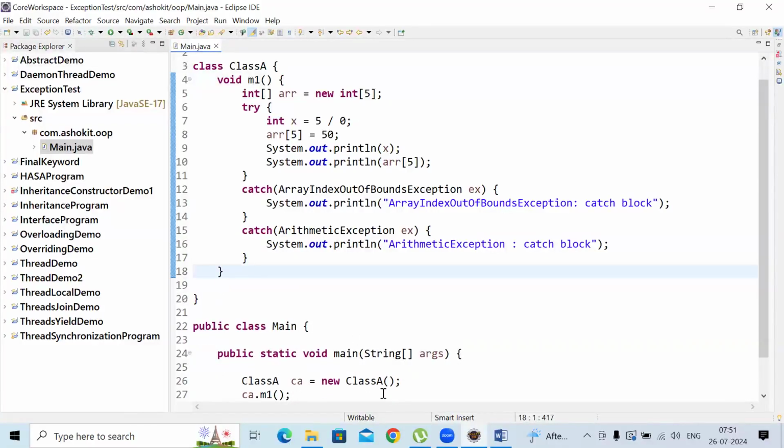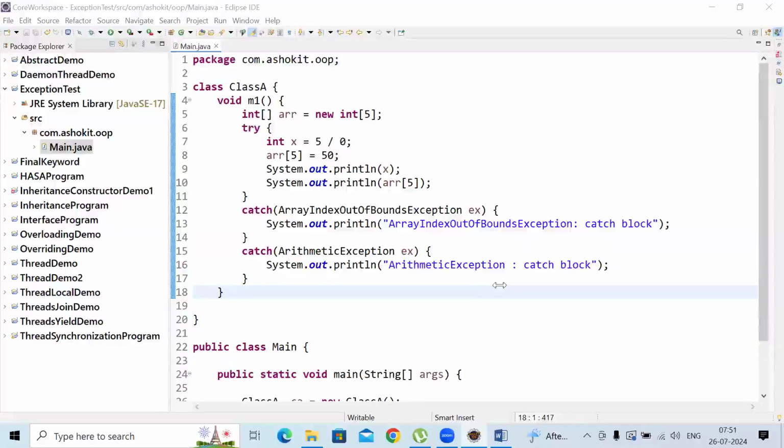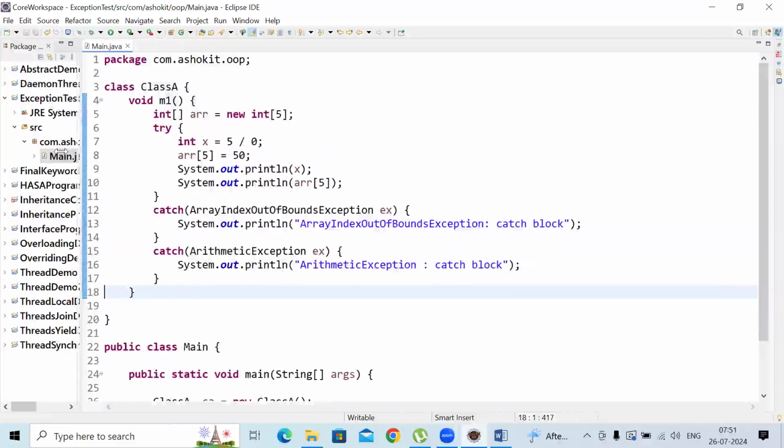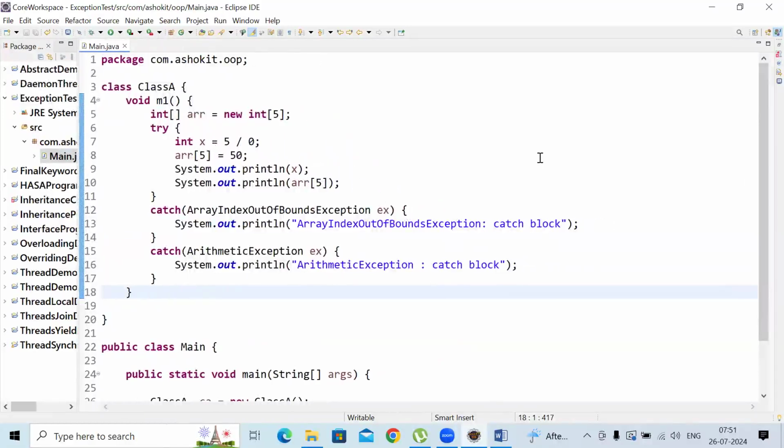Okay. What about the other guys? Arithmetic exception. Yeah. JP is saying arithmetic exception. But I am asking what about you guys, other guys? What is the output you are expecting? It will search first specific exception. Okay.